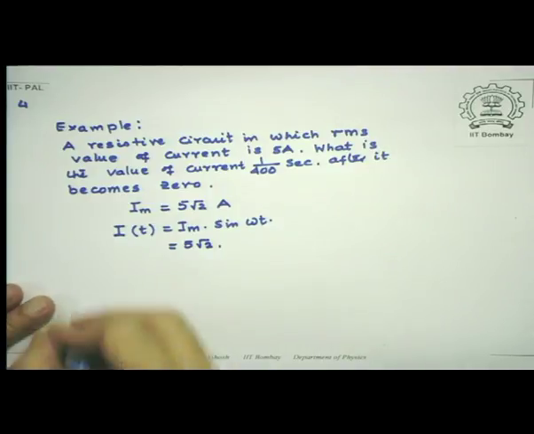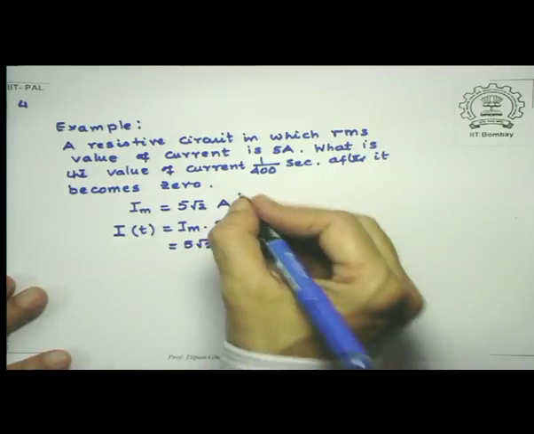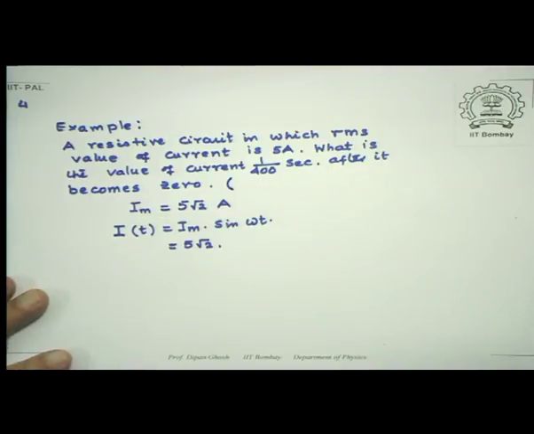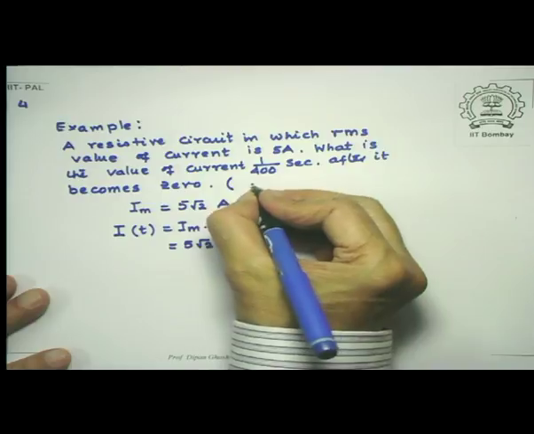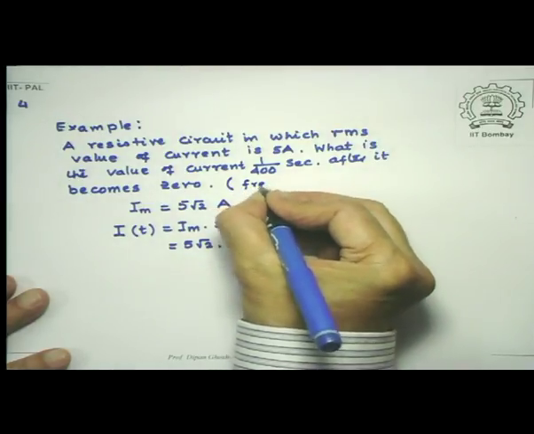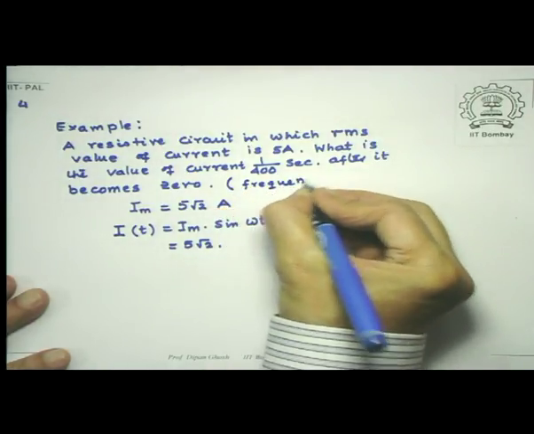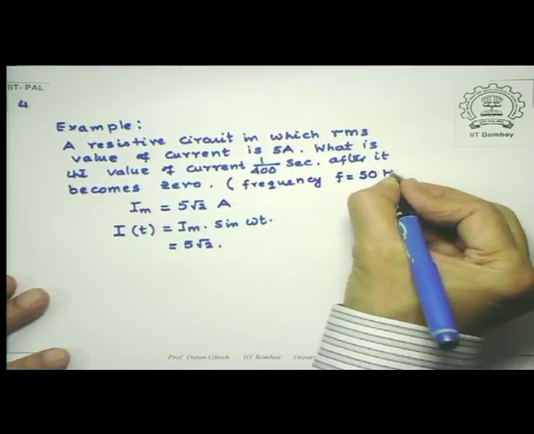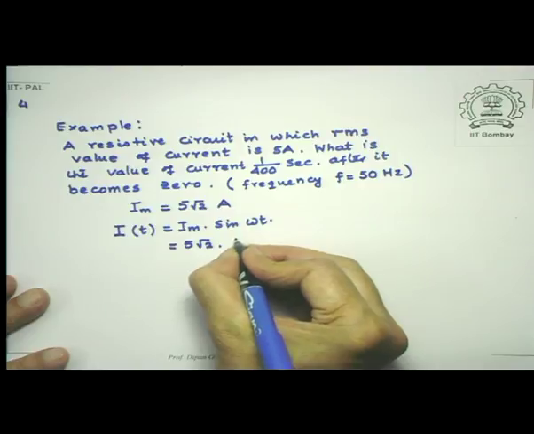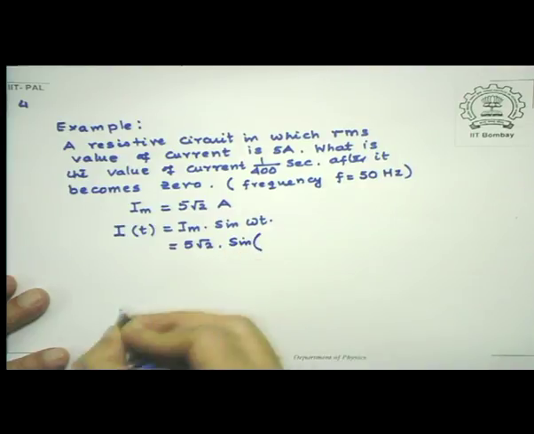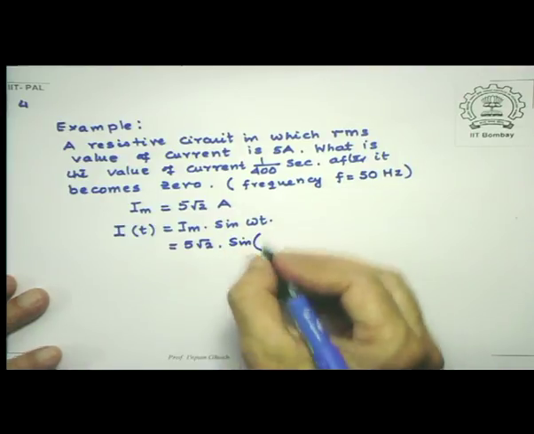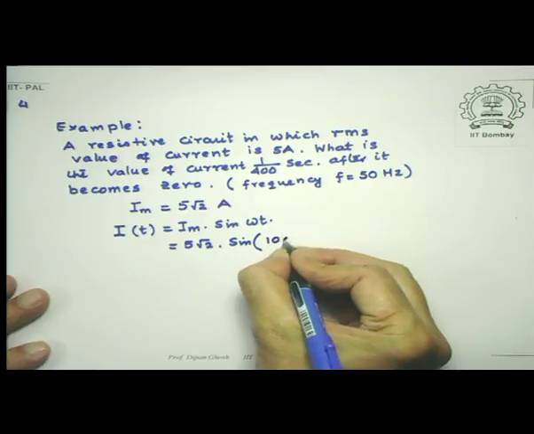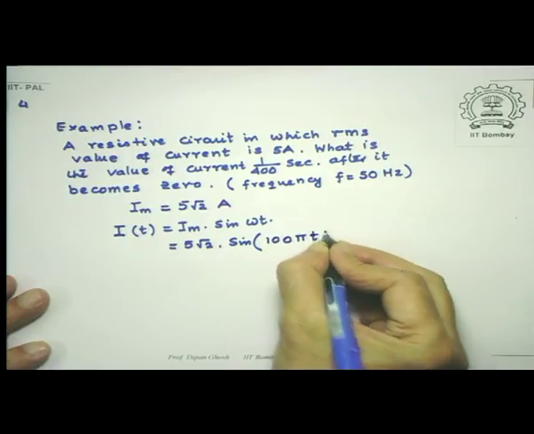I also need the frequency of the circuit. So let me say that frequency of circuit f is equal to 50 hertz. So this is sine omega is 2 pi into f, which is 100 pi times t.